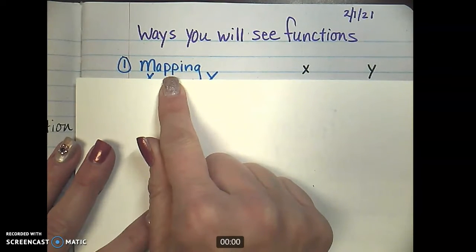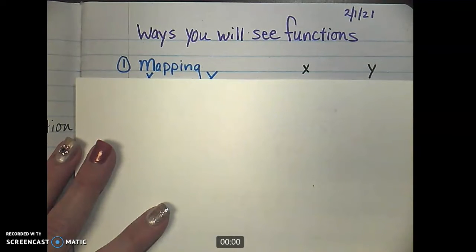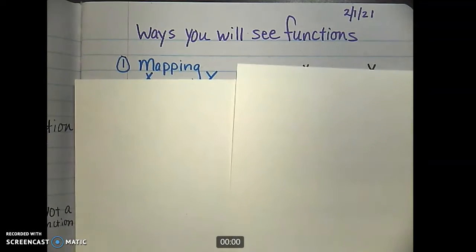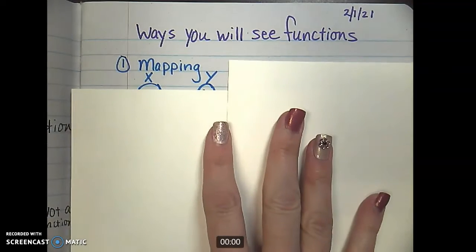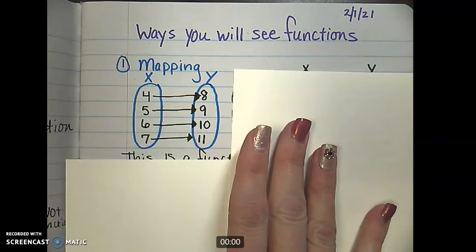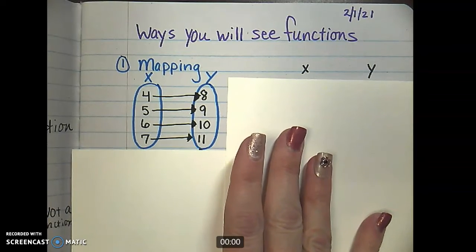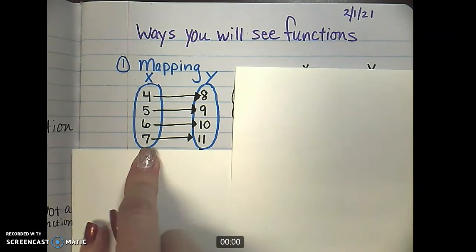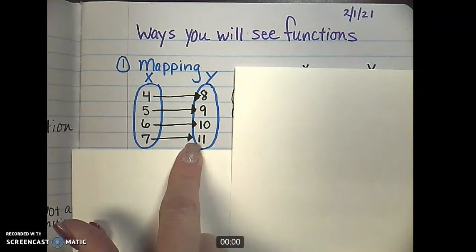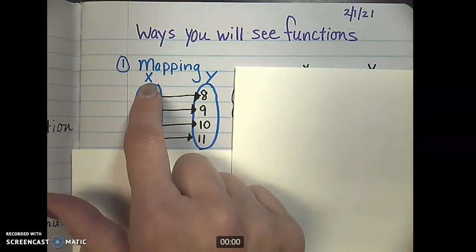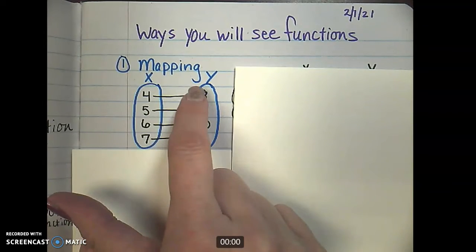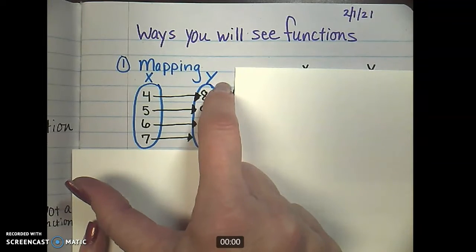Okay. When you have a mapping, you have an oval on one side, an oval on the other side. X values are on the left, Y values are on the right.